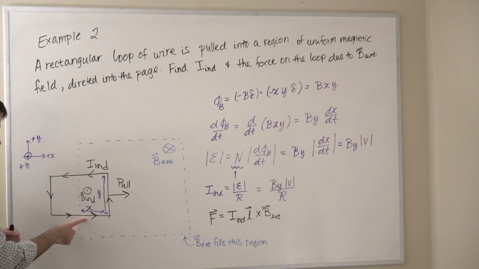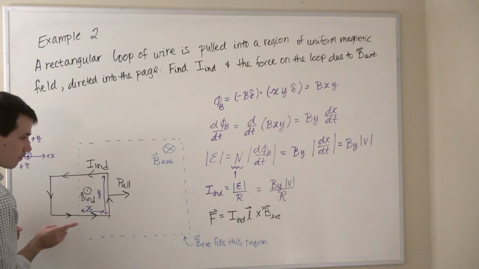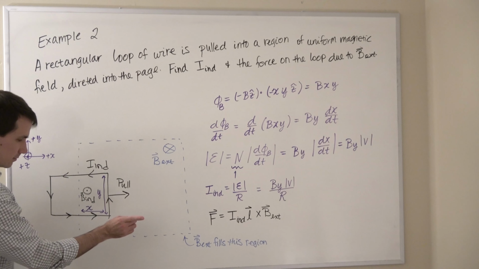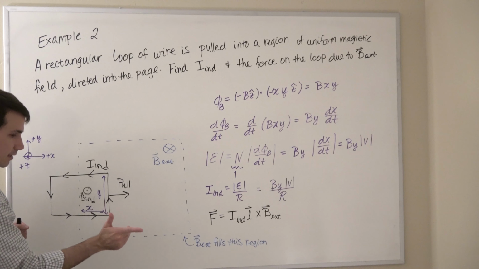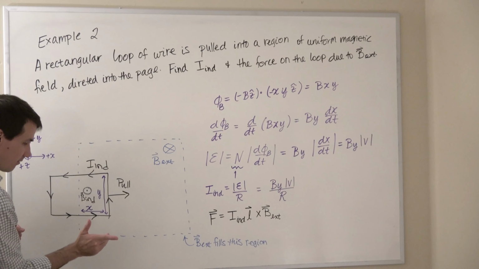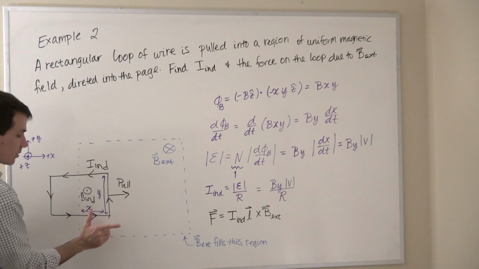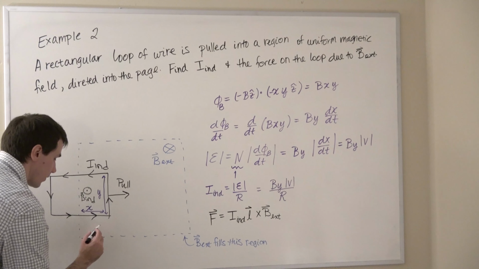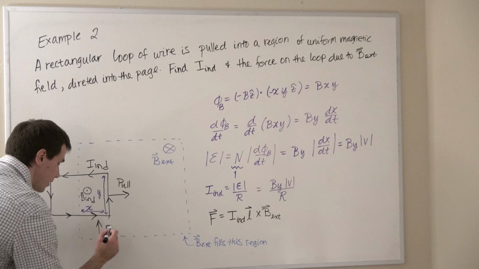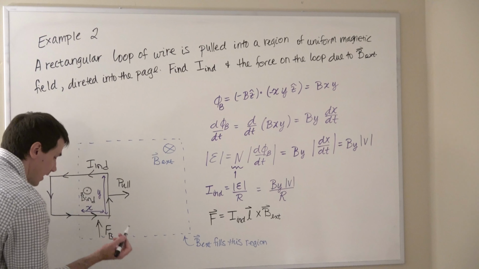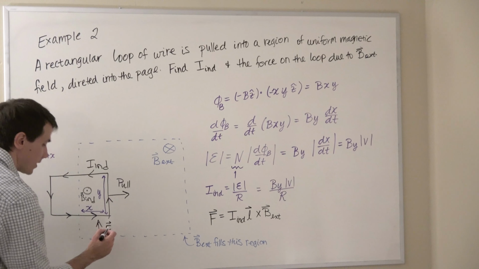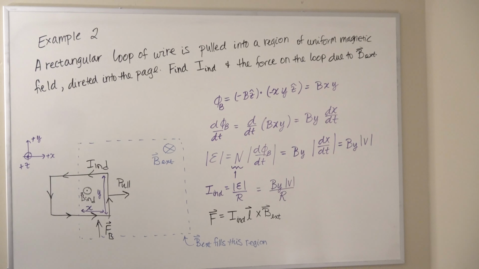The bottom part of my loop has a current to the right. It is experiencing a magnetic field into the page, so it feels a force upwards. So I can write the magnetic force on my loop points upward here.